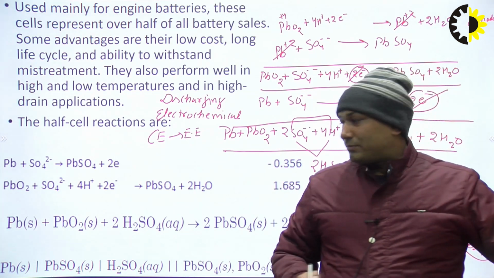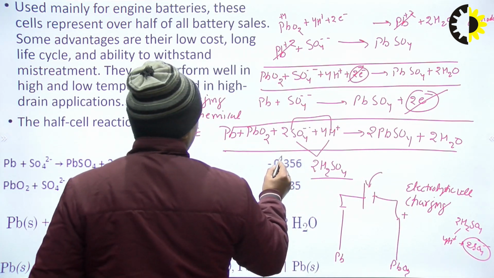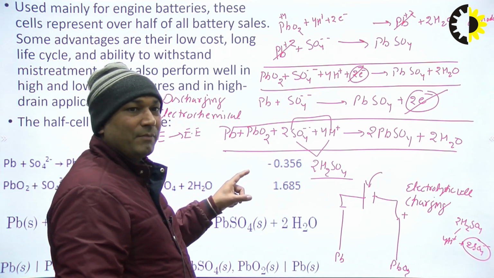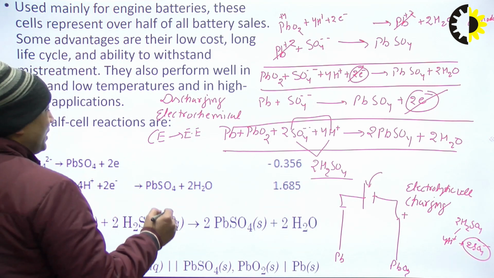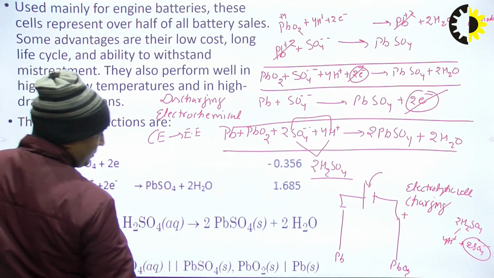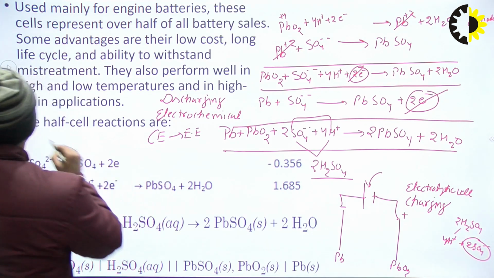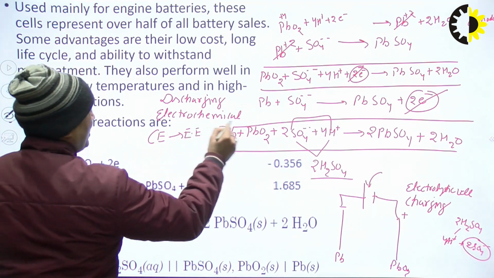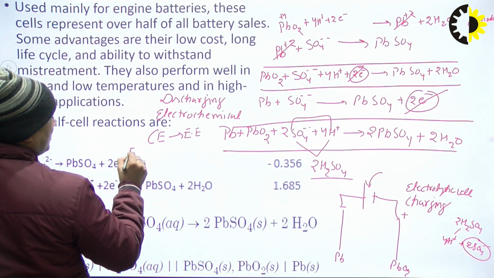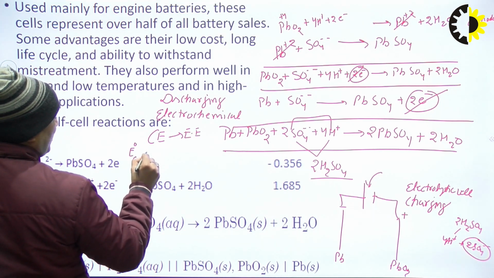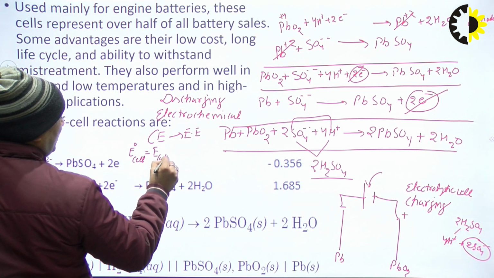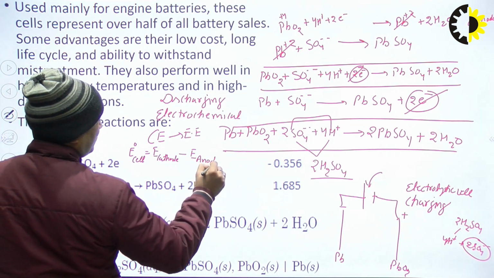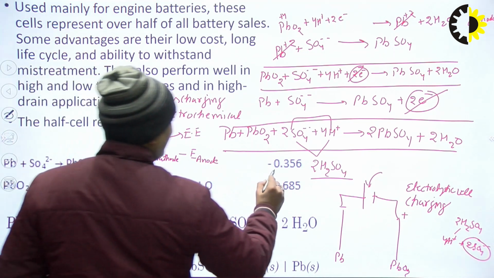Okay. So, when the cell is behaving just like an electrochemical cell, just find the net cell EMF. So, you all know that E naught cell, in case of when the battery is discharging, will be E cathode minus E anode, and the cathode EMF is written here.